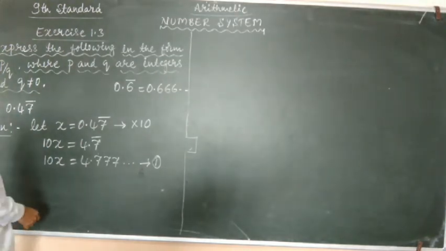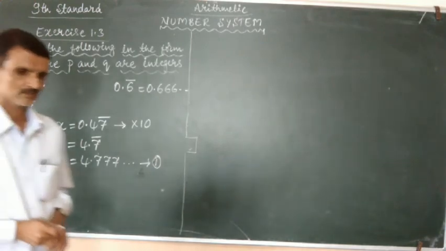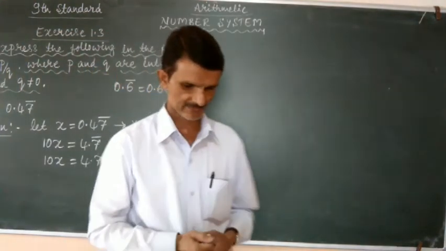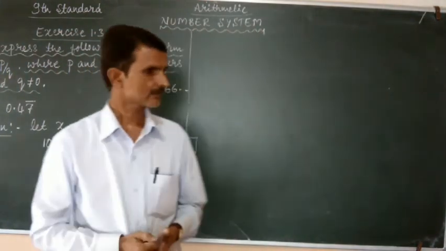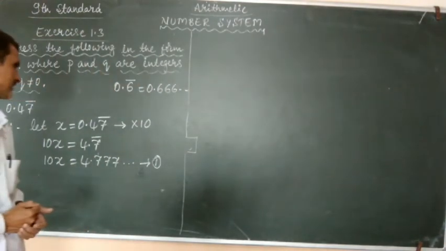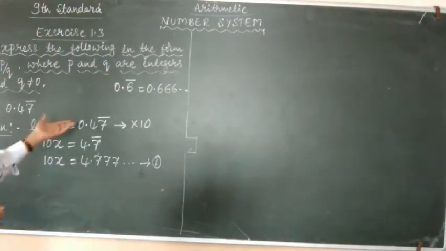After that, since the repeating digit is after 0.47, it should be multiplied by 100.